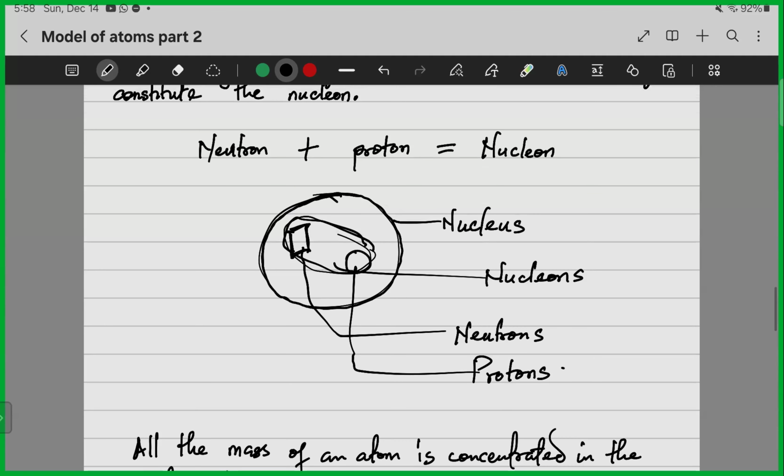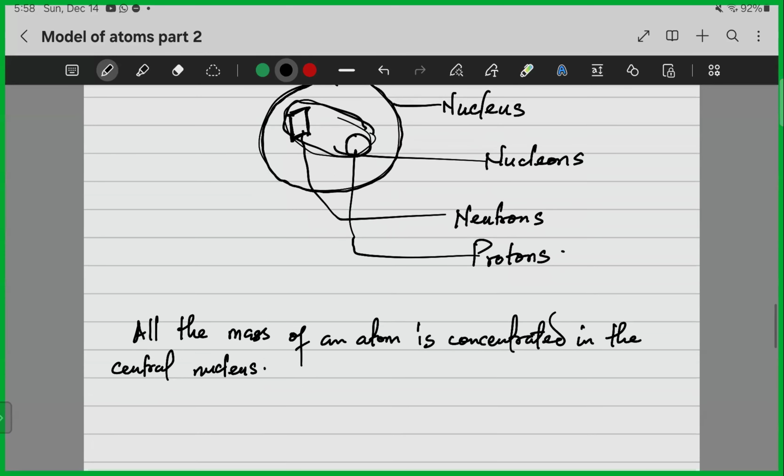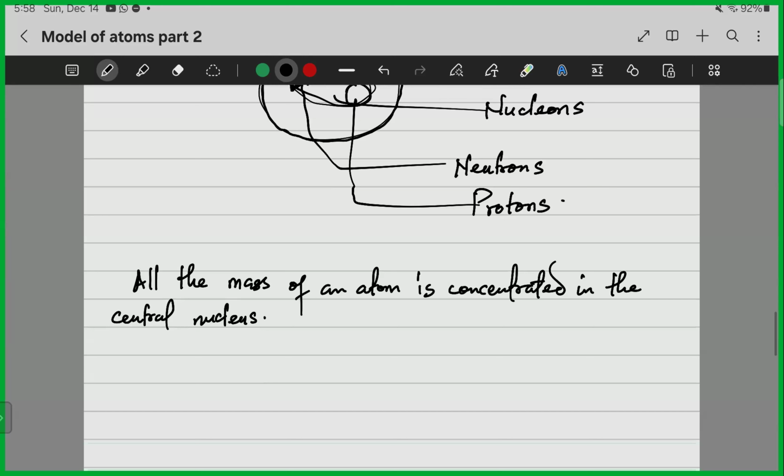All the mass of an atom is focused on the nucleus, so most of the mass, almost the entire mass. So take note of this statement. They are not just random stuff.